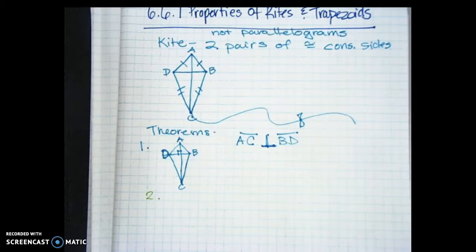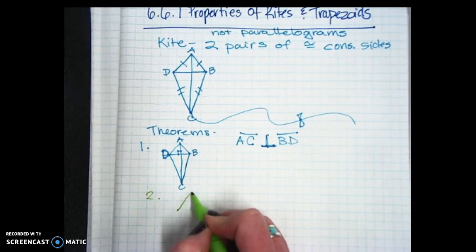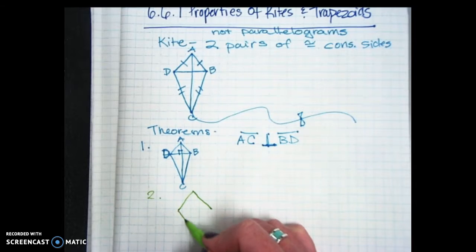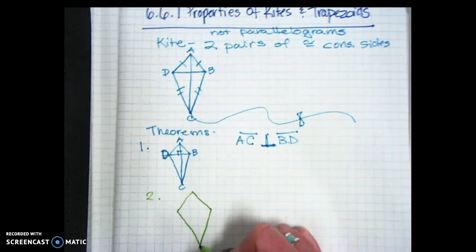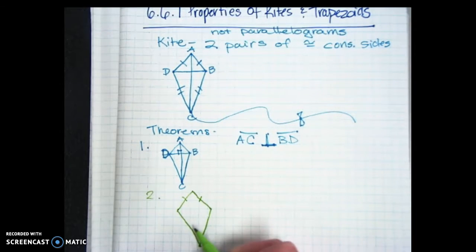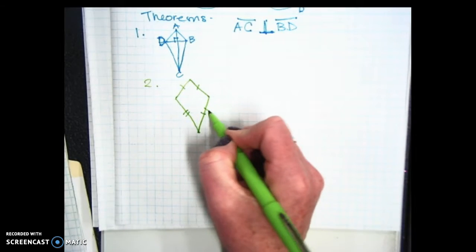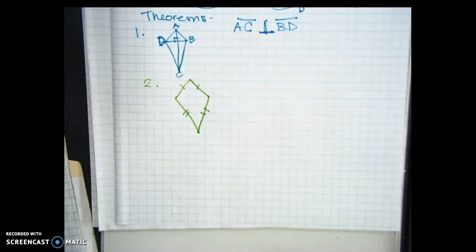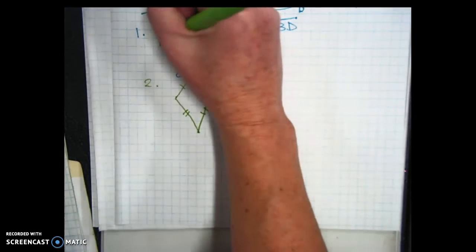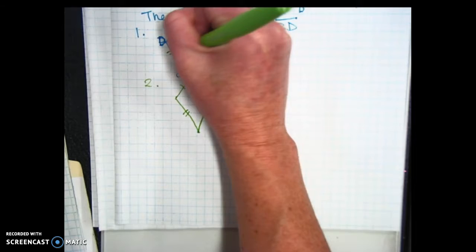Yes, yes we are. All right, here's what it says. If a quadrilateral is a kite, then exactly one pair of opposite angles are congruent. So if we have a kite, and I'm going to draw this one a little bit smaller as well, where we have two pairs of consecutive sides congruent, and we didn't put the tick marks up here, sorry.